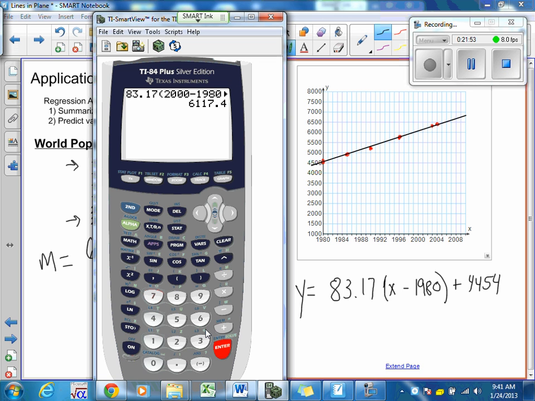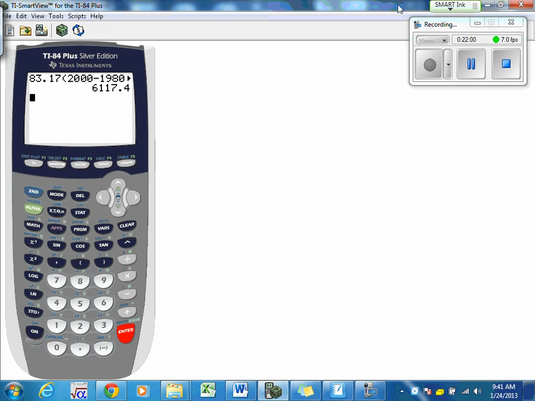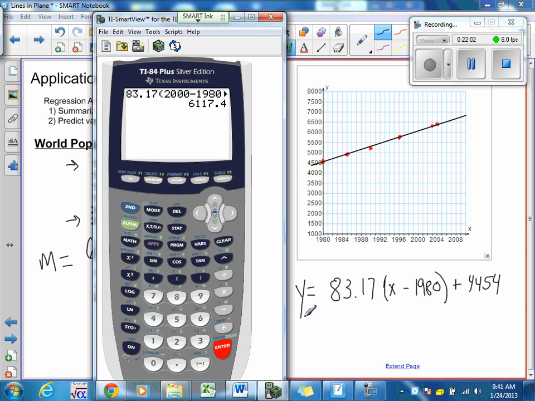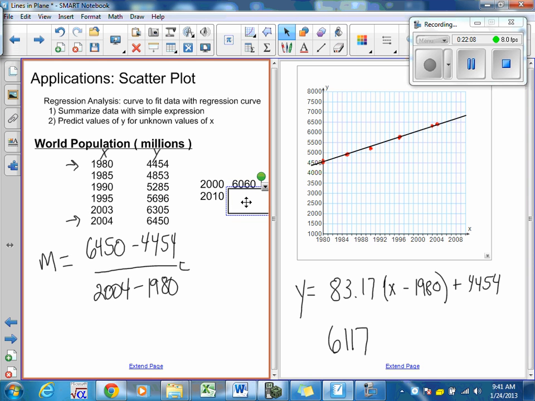Hit enter. There we go. So we get 6,100. Now, the interesting thing is, in 2000, the actual population was 6,060. Pretty close. Pretty good estimate.